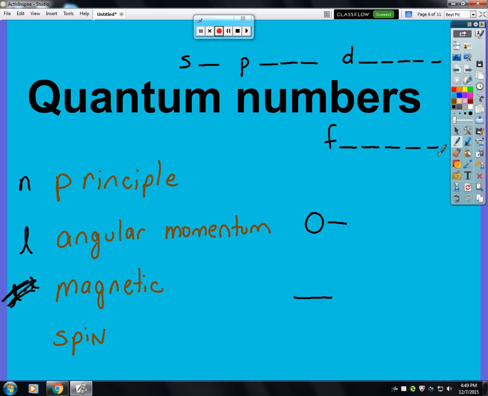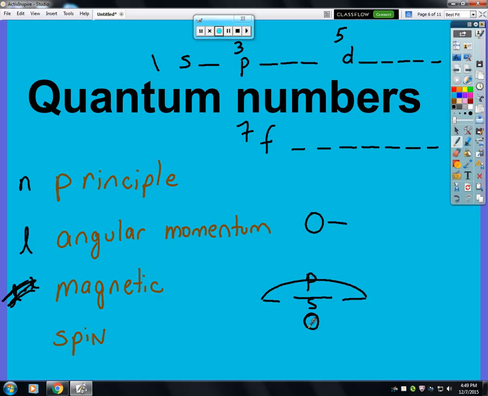Odd concept: 1, 3, 5, 7 orbitals. So keeping that in mind, this is going to be the S spot. We're going to give it a value of 0. Now what about P's? P's have 3 lines, so we're going to draw a little rainbow here. These are the P's.